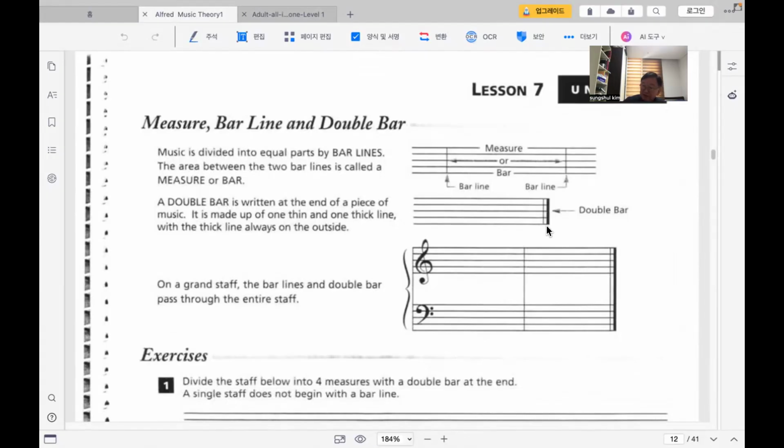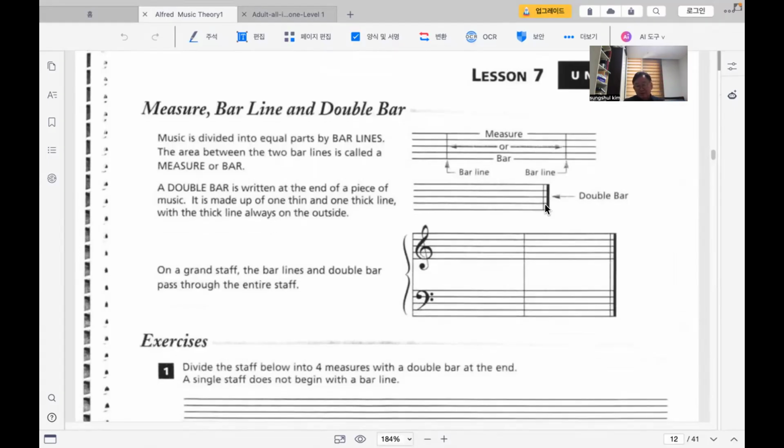If you imagine no double bar, we wouldn't know when the music finishes. That's why the double bar is very important to understand.